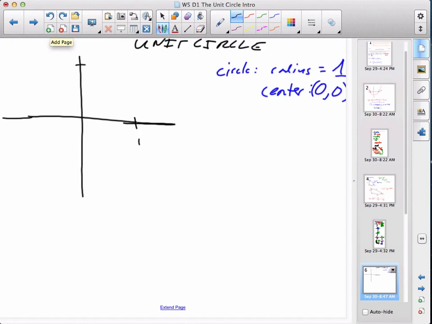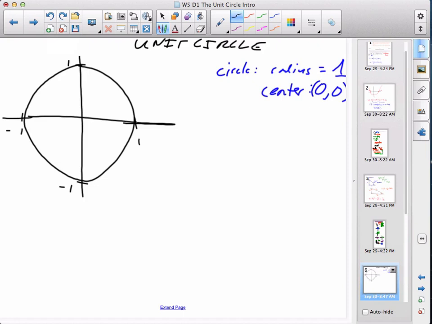My poorly drawn circle. This is the unit circle.